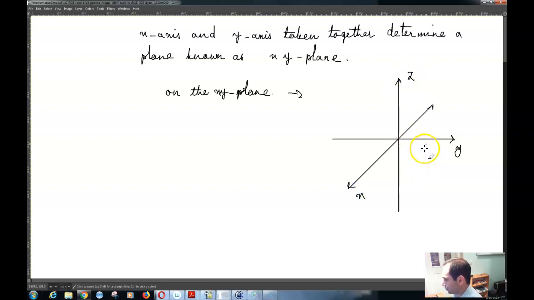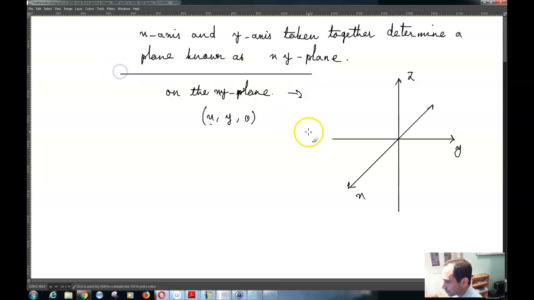So if you are on the xy plane, that means that your z is equal to 0. So that would be x, y, 0.